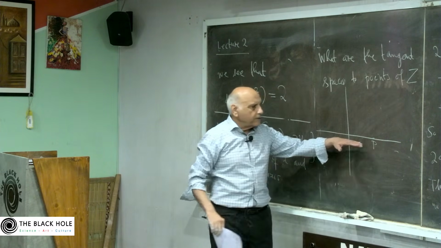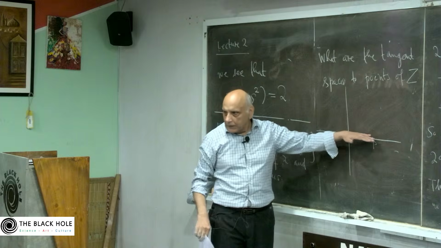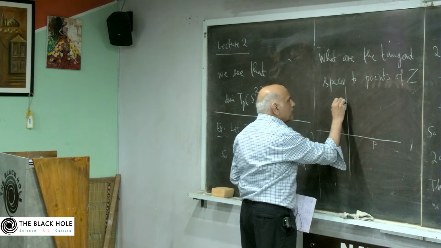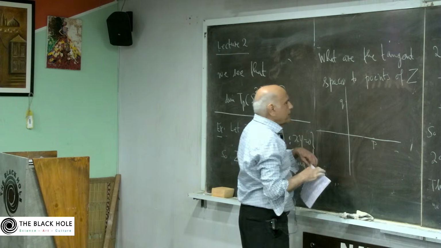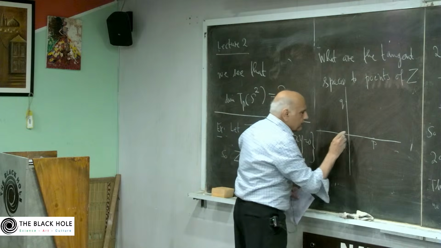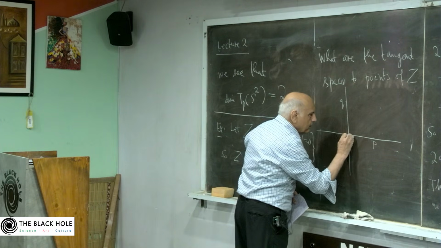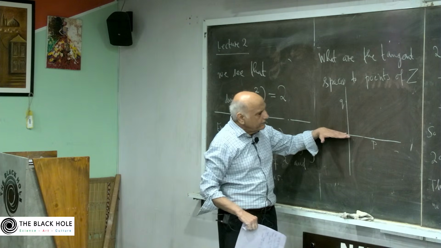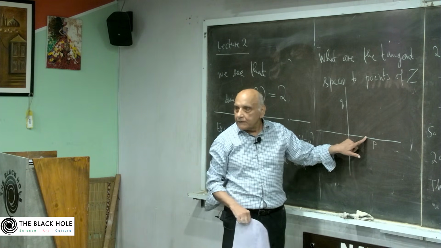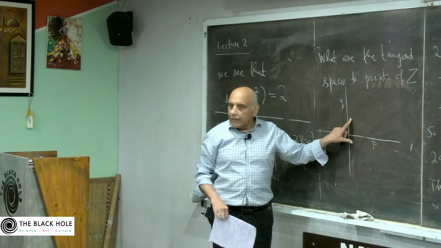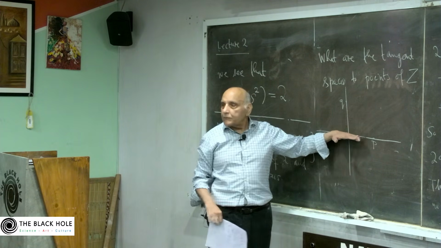What is the dimension of the tangent space? 1, right? And if I take a point Q here, what is the dimension of the tangent space? 1, right? But if I take the origin, here is one direction and here is another direction. And when I look at the linear span, what is that?